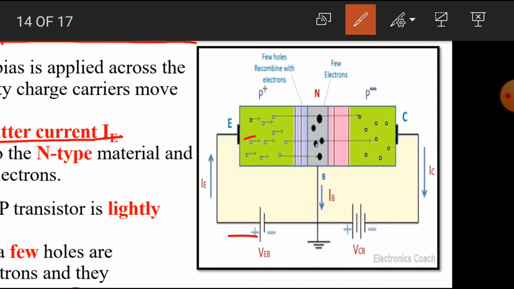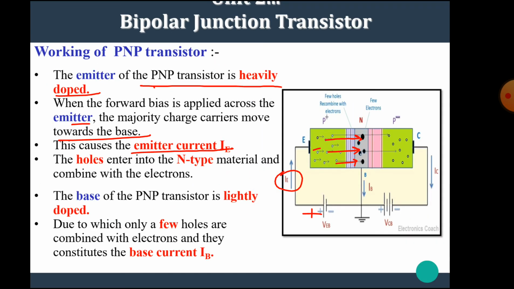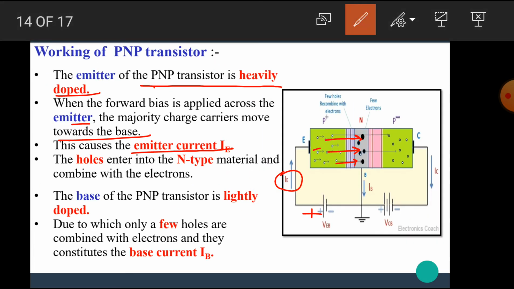P-type has holes as the majority. These majority holes are repelled by this positive terminal and enter into the base region to constitute the emitter current.